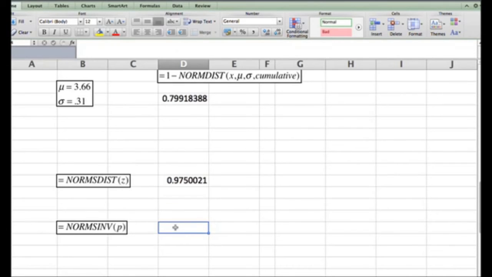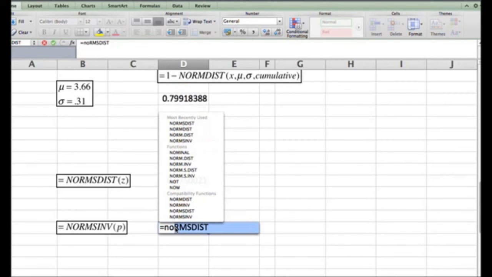The inverse of that function is where we have the probability and we want to know what the z-score is. For this one, let's just enter the probability of 0.975 and see if we can get it to return 1.96. So we'll type equal, and this time we're going to use NORM.S.INV.